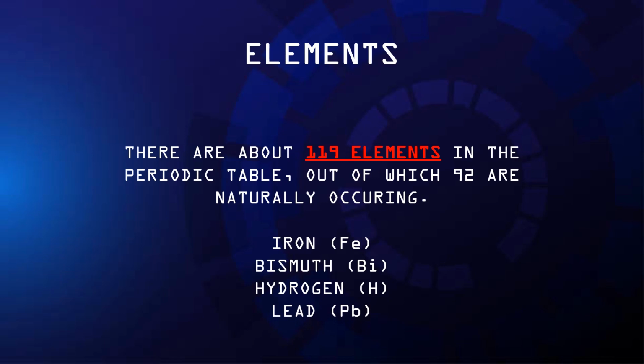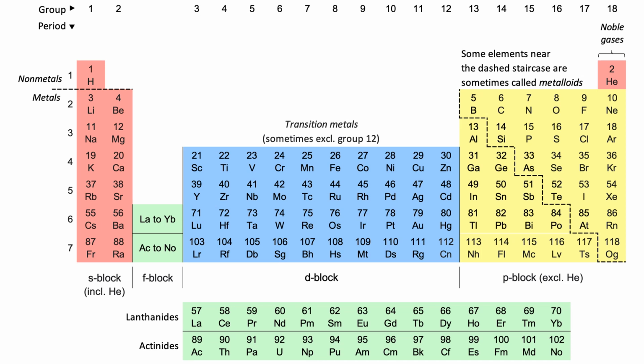So let's move on to the periodic table. This is the modern periodic table. I need not extend much about this, since everyone knows what it is, but let's go over some basics. The modern periodic table is divided into four blocks: the S block, the F block, the D block, and the P block.